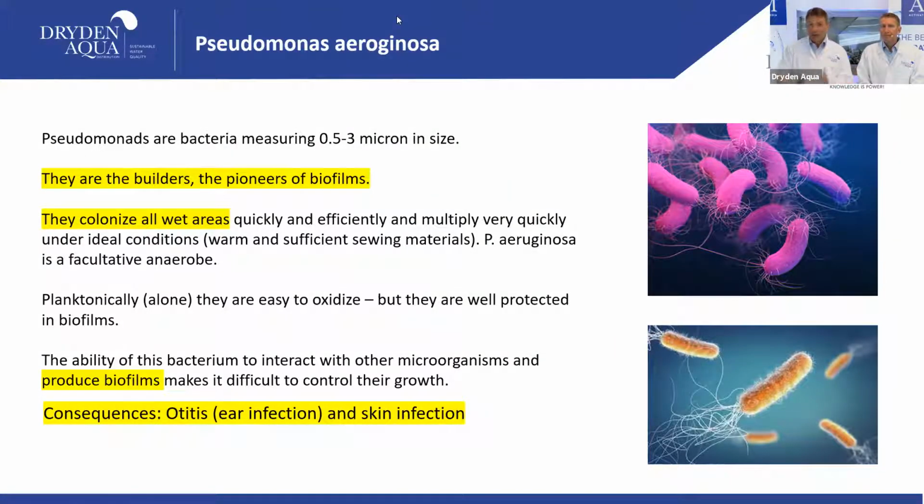They are heterotroph. If there is enough food, at 30 degrees, they multiply every 30 minutes. If they are alone, planktonic, they are very easy to oxidize with a very low concentration of chlorine. But the moment they're protected in a biofilm, they are quite resistant.